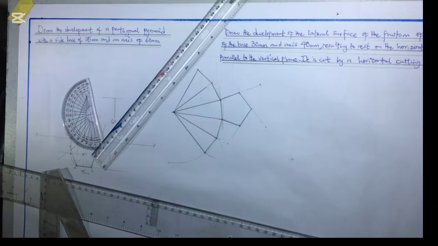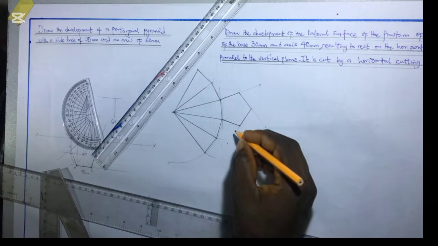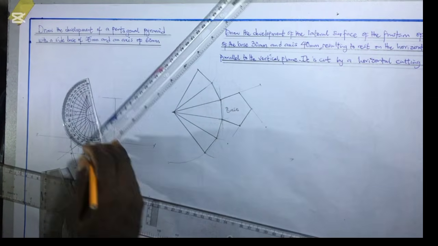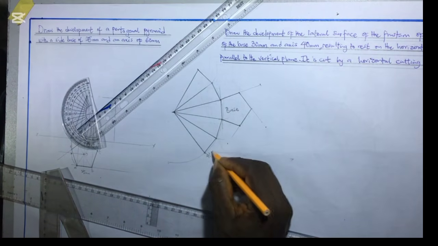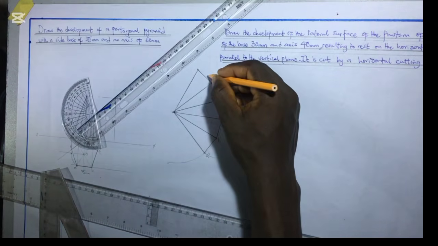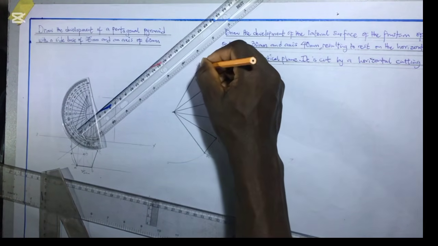And just like that, we've gotten the development. So now that is for the pentagonal pyramid. So this is the base, and this is A prime, B prime, C prime, D prime, E prime, then A prime, because that A will meet with that one. So this is the second part of this video.